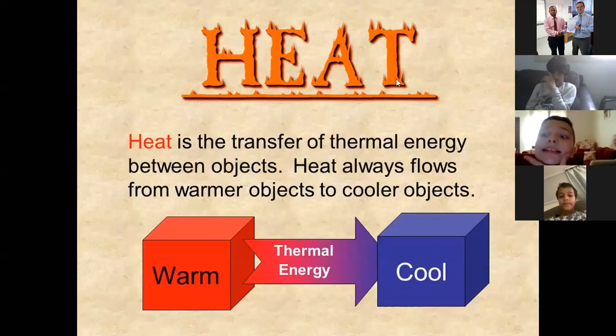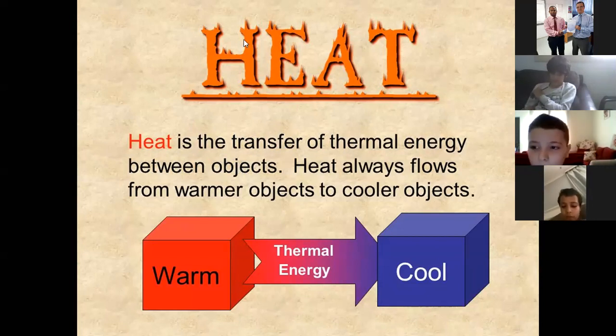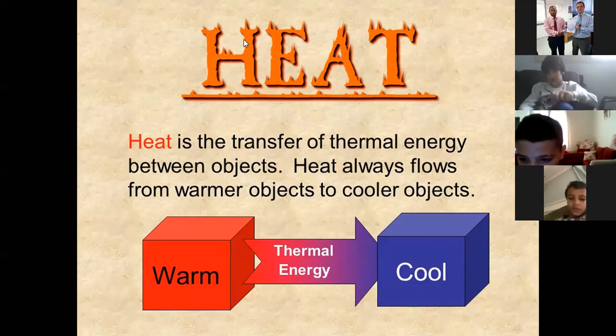As you see here in this slide, heat is the transfer of the thermal energy between objects. From which object to which object? As you see here, yes, Riyadh, from warmer object to cooler object.